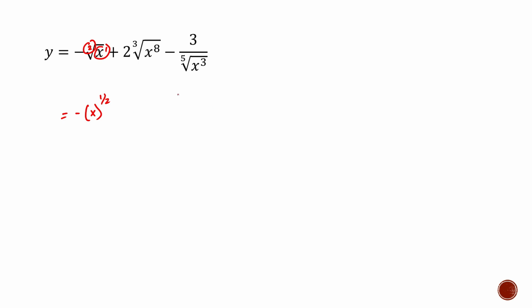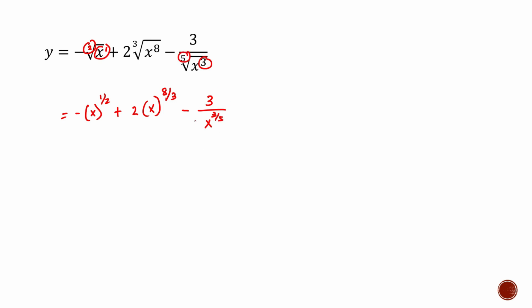So what I'm trying to do here is I will rewrite everything first. So plus 2, we have the x. So 8, that's 8 over 3. Minus 3 over, again, that will be the numerator of x, and then the denominator would be 5, 3 over 5.